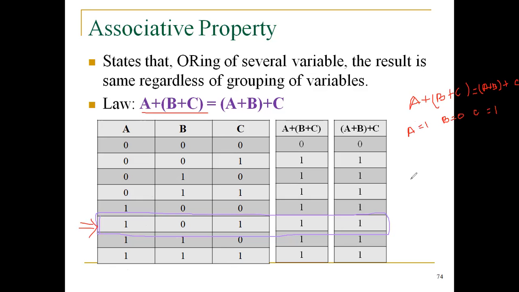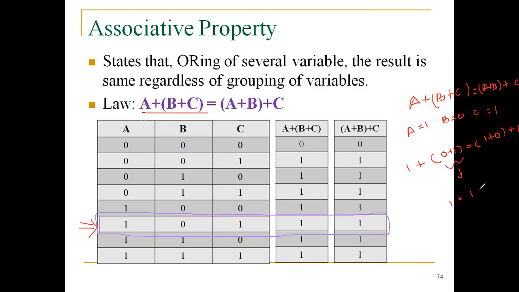Substitute these values. So 1 plus (0 plus 1) equals A is 1 plus, 0 plus C is again 1. So 0 plus 1 here is 1.